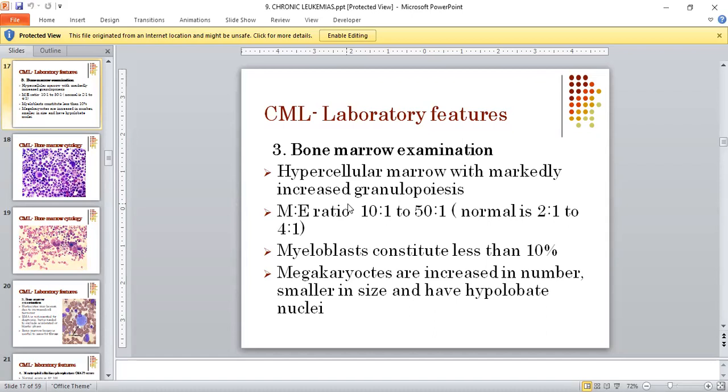So you'll find the M:E ratio. M:E ratio is the myeloblast or erythroblast, I don't remember. It's 10:1 to 50:1, but the normal is usually 2:1.